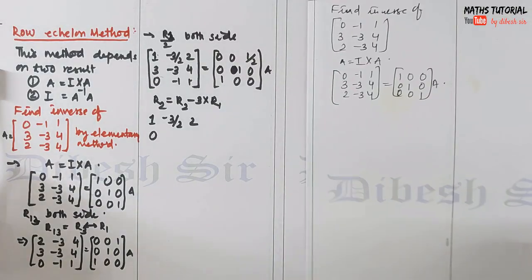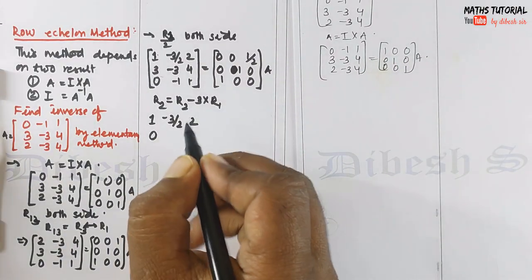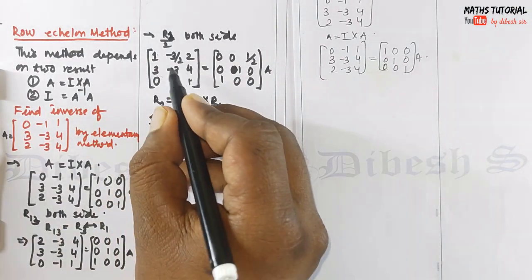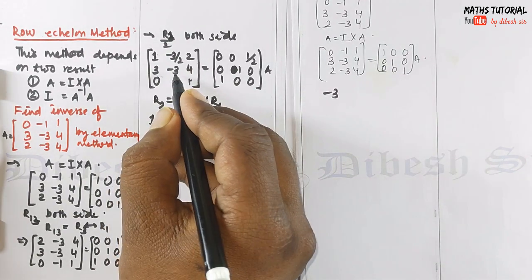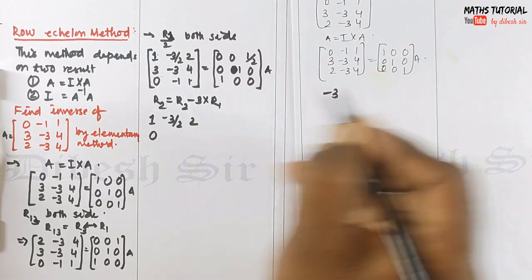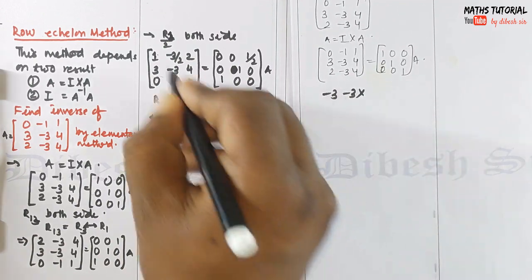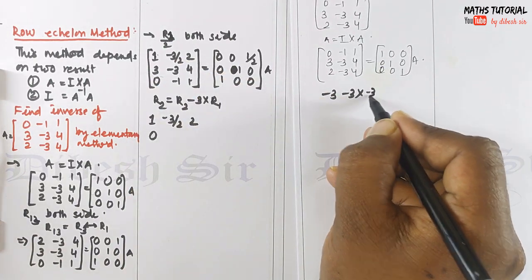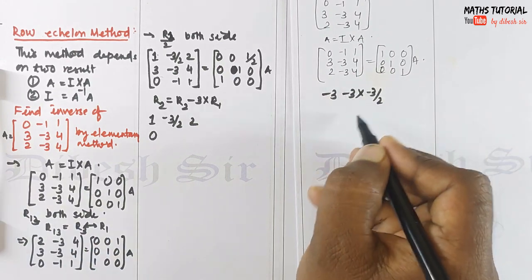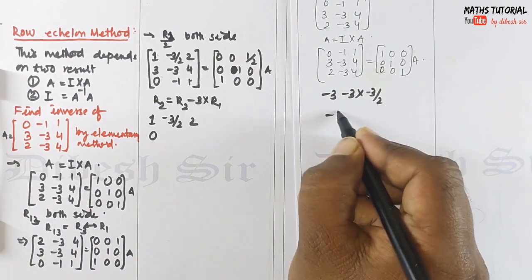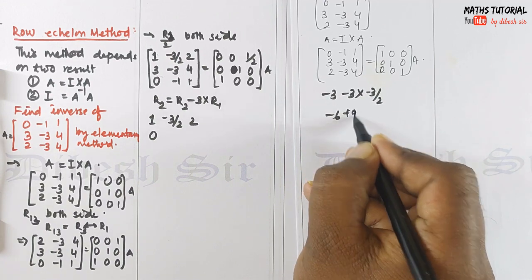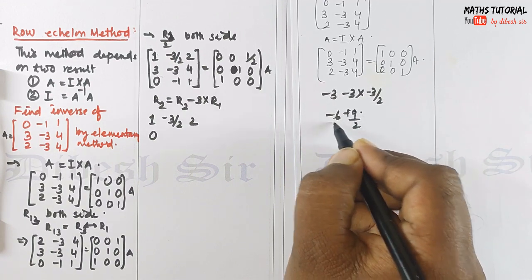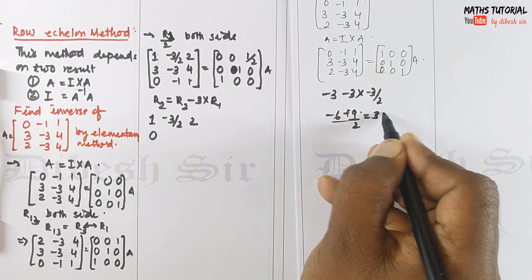Then minus 3 minus 3 into minus 3 by 2, so minus 1 is plus, taking LCM, minus 6 plus 9 by 2. 9 minus 6 is 3 by 2.